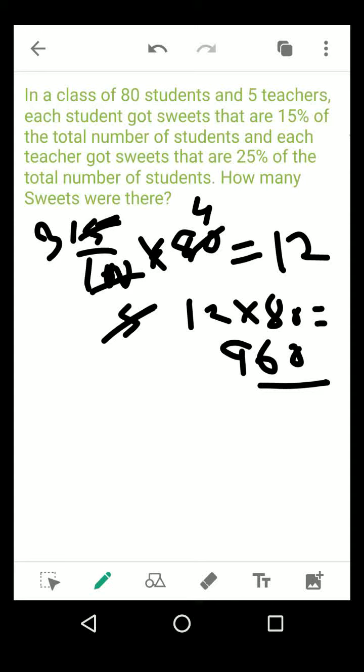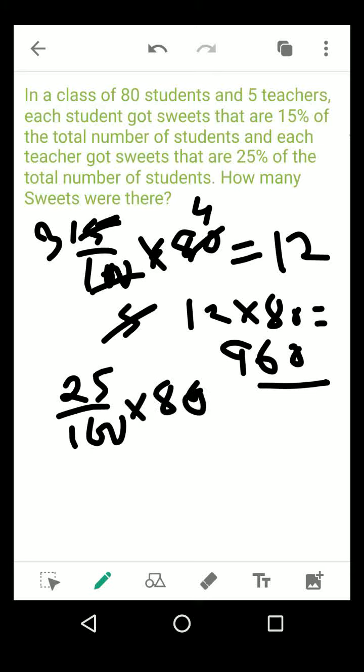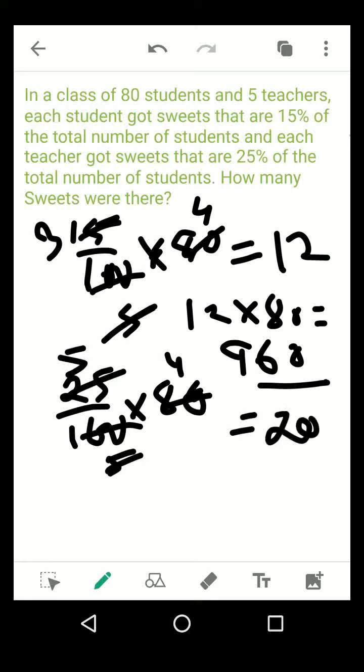And further, each teacher got sweets of 25% of the total number of students. That is 25 divided by 100 into 80. In the same way, you need to divide it. 2 fours are 8, 2 fives are 10, 5 ones are 5, 5 fours are 20.